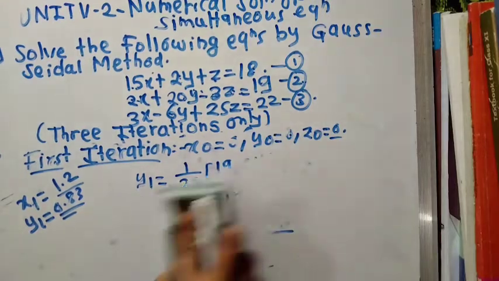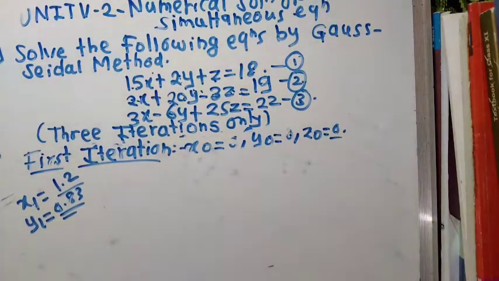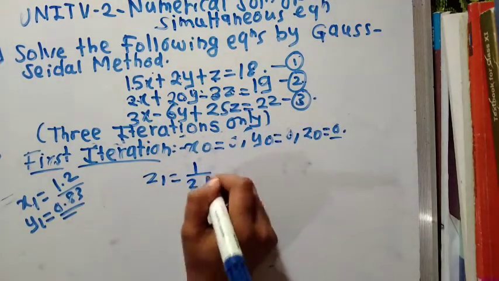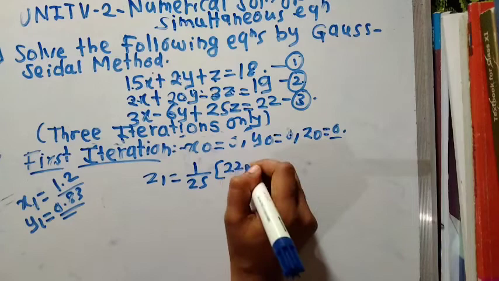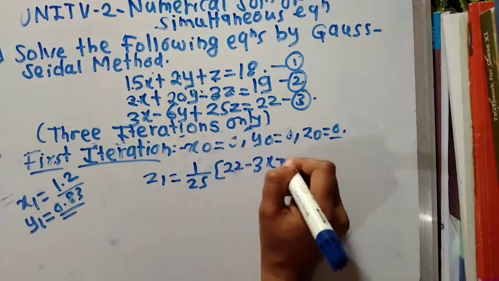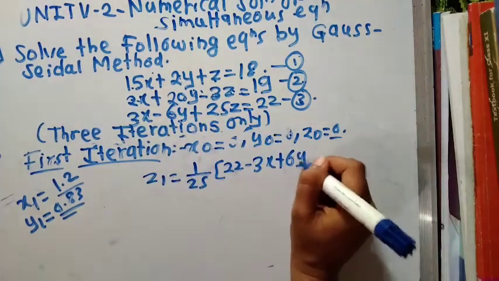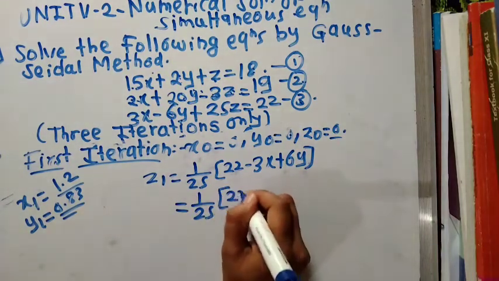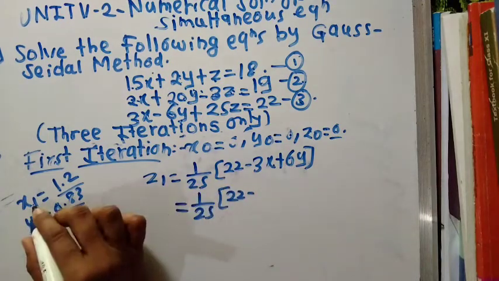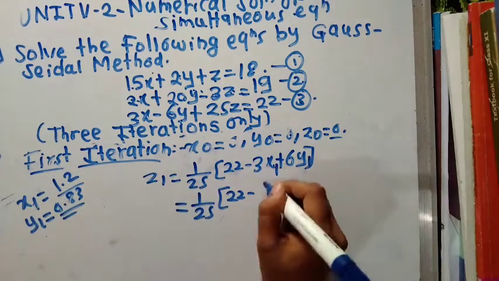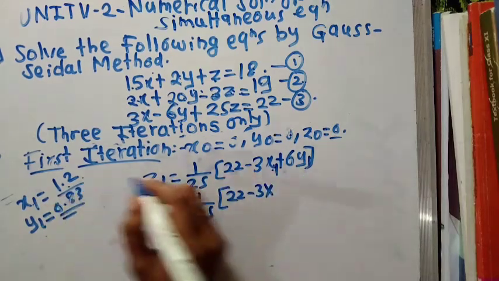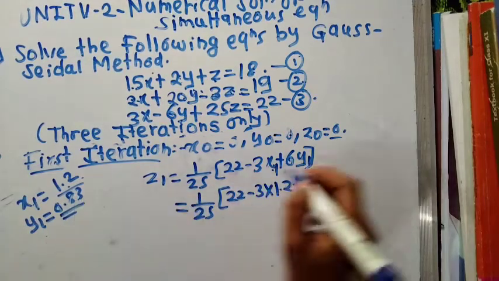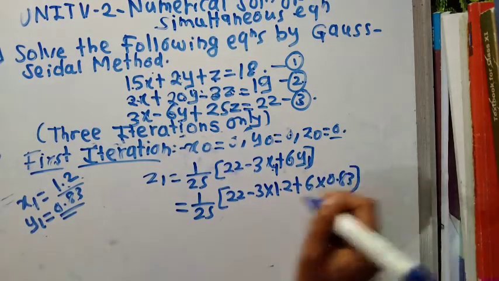Then find out z1. So z1 from equation third is 1 divided by 25 times (22 minus 3x plus 6y), and here we use x1 and y1, so 3 into 1.2 plus 6 into 0.83.